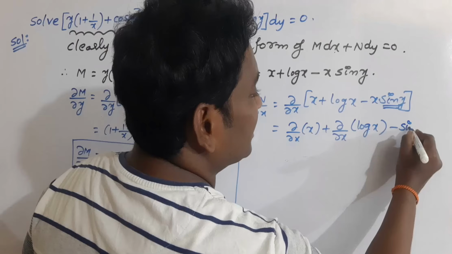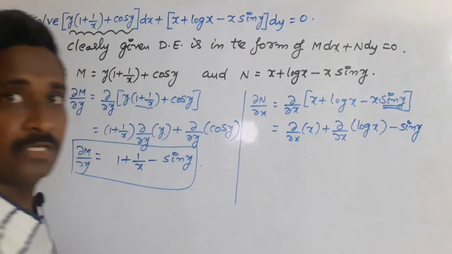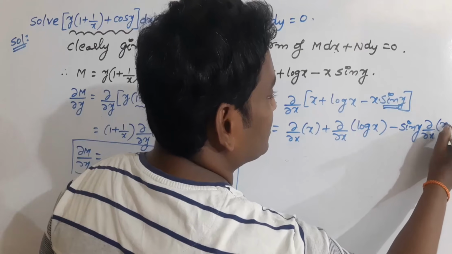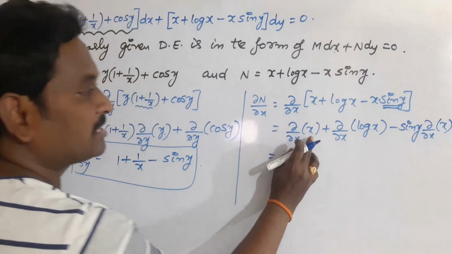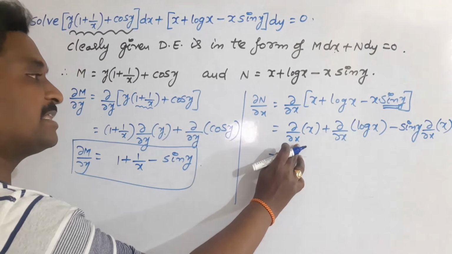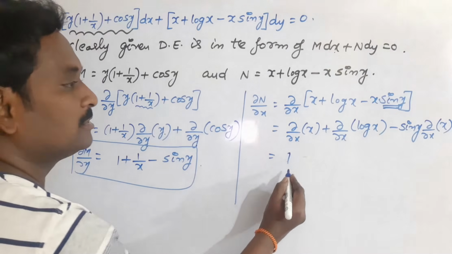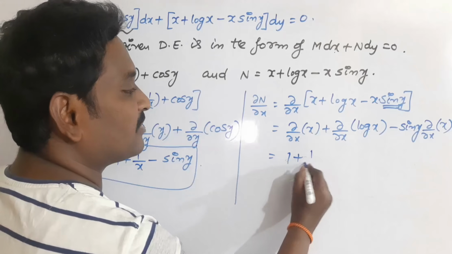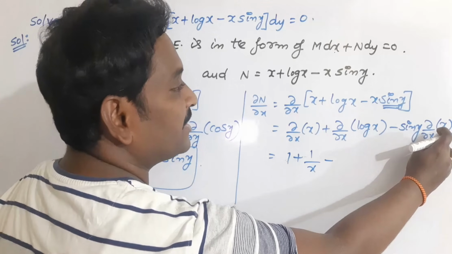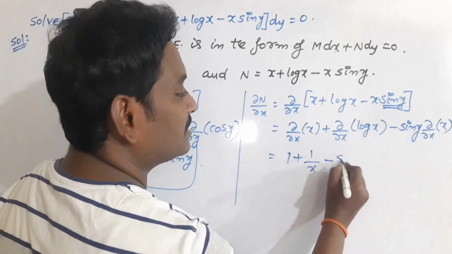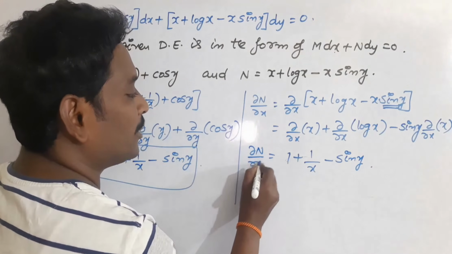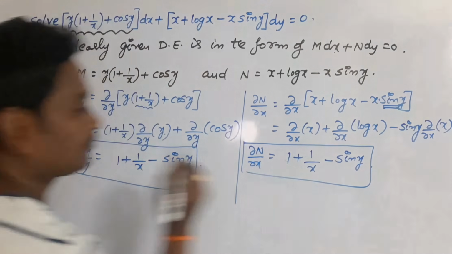So you will get sin y into ∂/∂x of x. The partial derivative of x with respect to x is nothing but the ordinary derivative, which is 1, and the derivative of log x with respect to x is 1/x, and here you will get 1 into sin y. So this is the ∂N/∂x value.